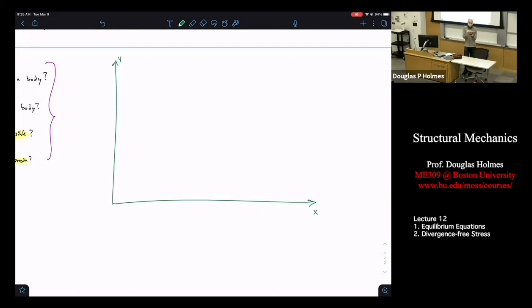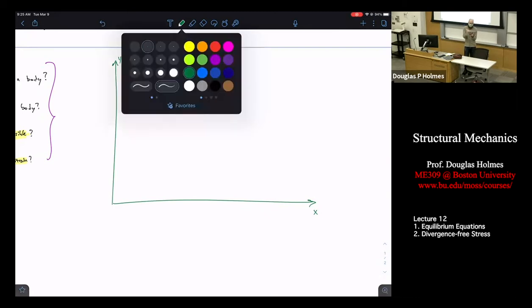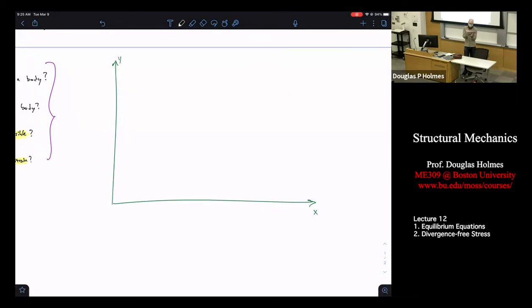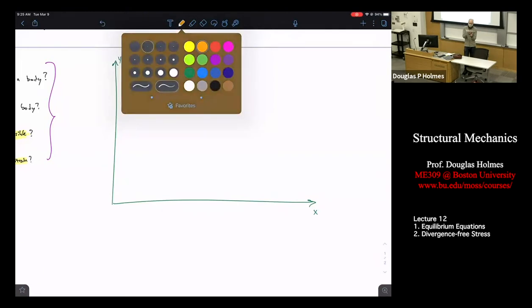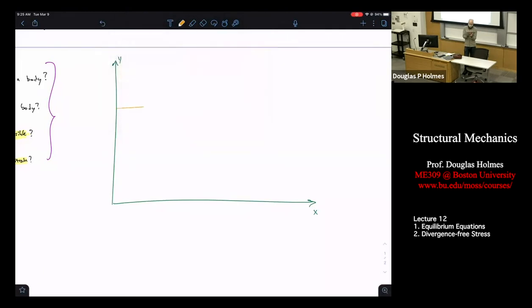So imagine that this object I'm drawing here is incredibly thin. It's like the thickness of a sheet of paper.